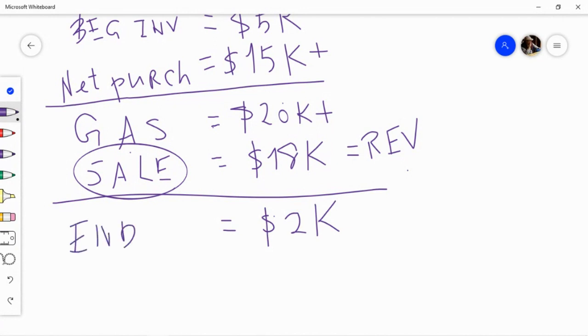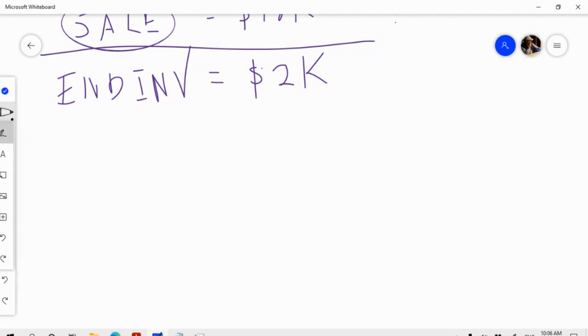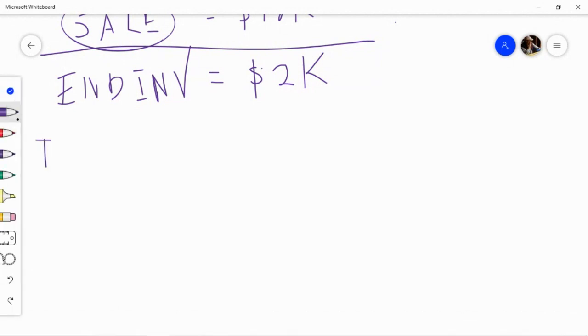Now, the inventory turnover ratio is basically how many times the inventory turned over.